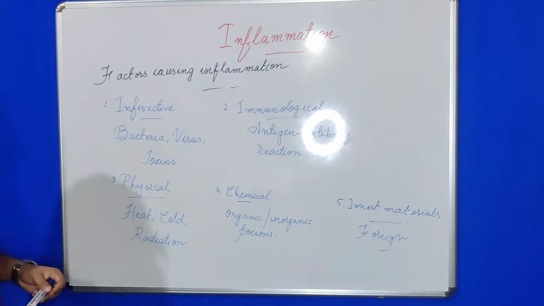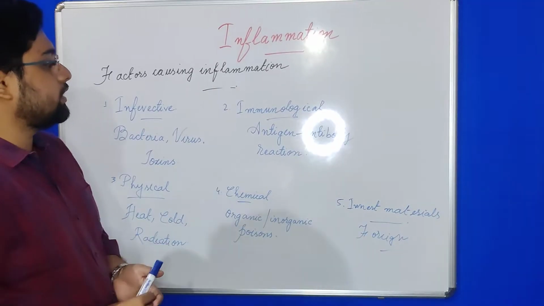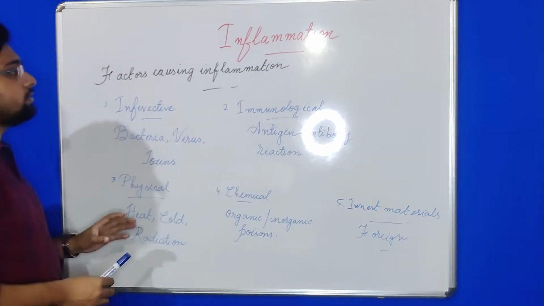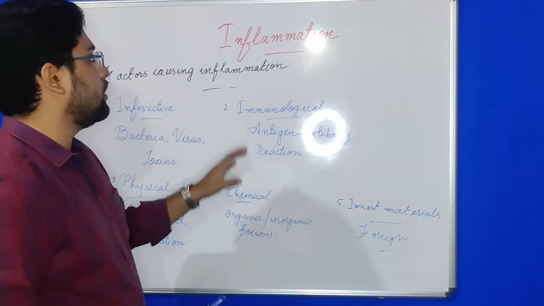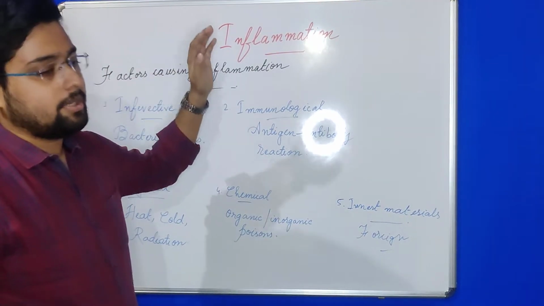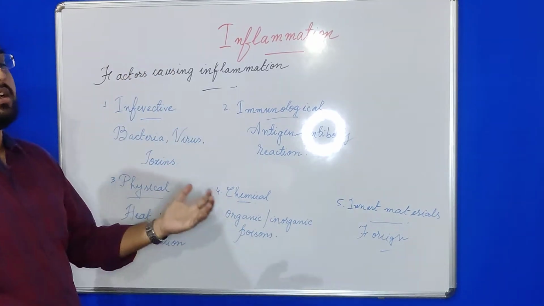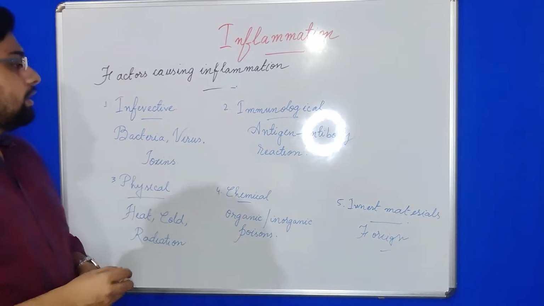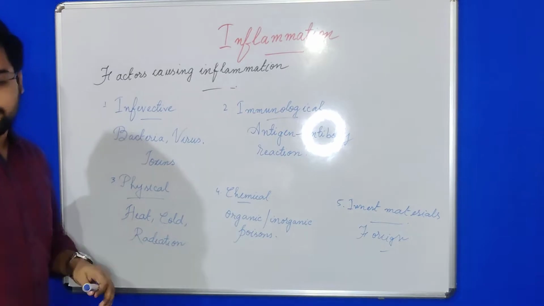So whatever the cause is, wherever the tissue is, any injury to any living tissue will cause inflammation. It may be in our CNS, it may be in our lungs, it may be in our kidney. The inflammation will be there.